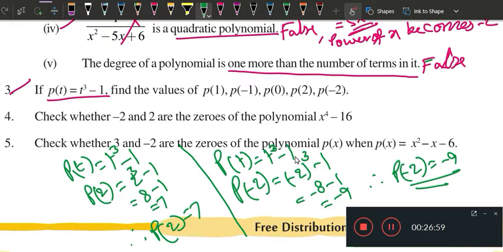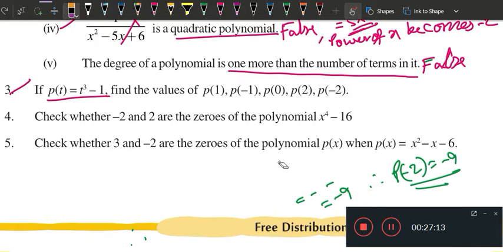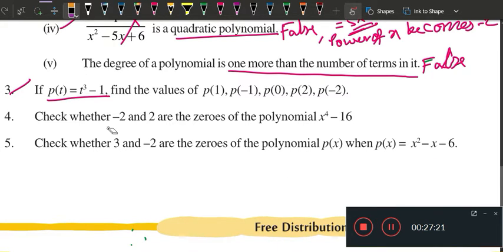Next, fourth one. See children, check whether minus 2 and 2 are the zeros of the polynomial x power 4 minus 16.